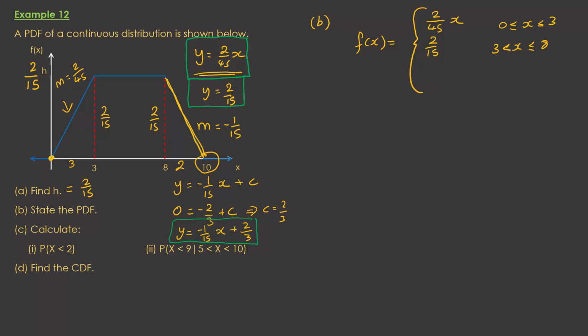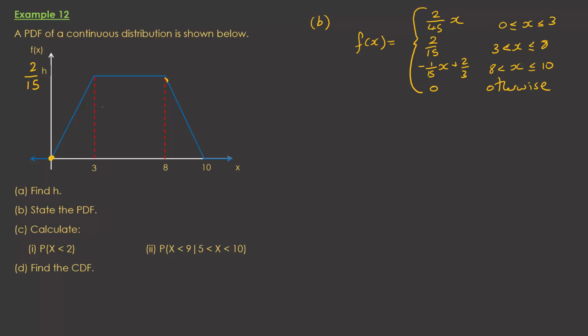It is going to be negative 1/15 of x plus 2/3 if x is between 8 and 10, and it will be 0 everywhere else.